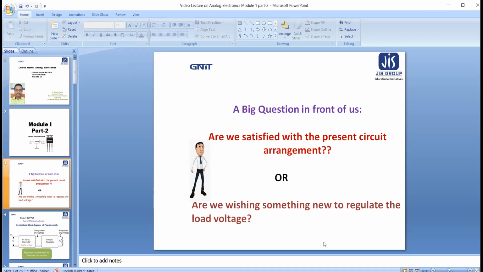Because in the last module we had no option to control the output voltage if the line voltage changed, or if we changed the load resistance. So how can we control the output voltage? That was a big question. So obviously we have to think of something new so that we can regulate the load voltage.